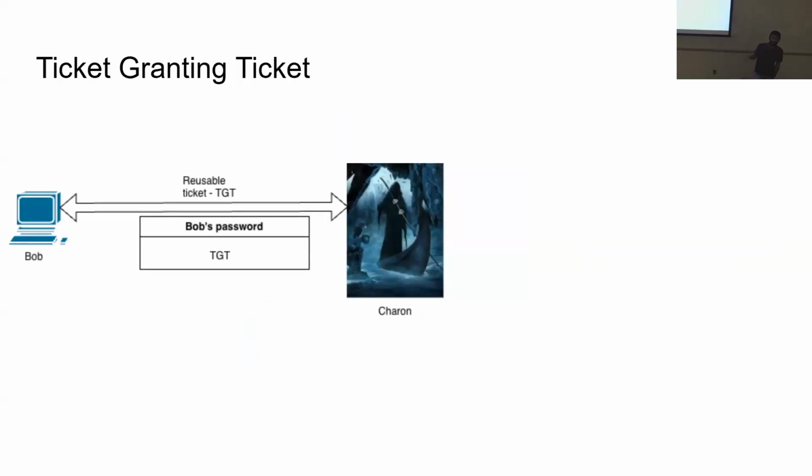Here, it's just that we don't have a web browser. We get a ticket granting ticket from Sharon again, which is this time encrypted with Bob's password, right? This way, we make sure that the password is never transmitted in plain text, because Sharon knows the password, Bob knows the password.